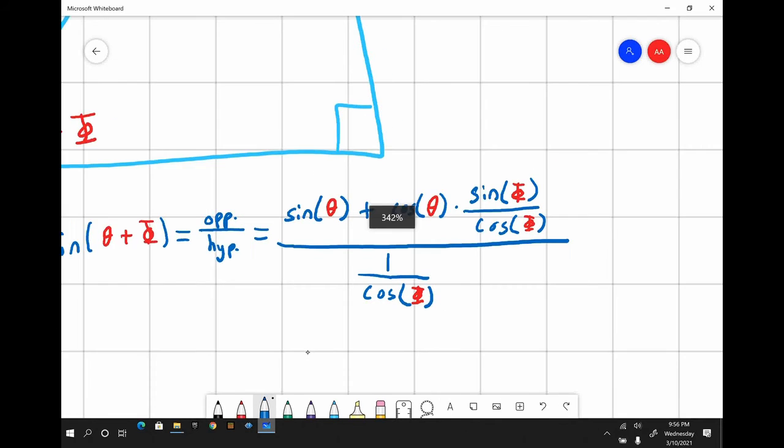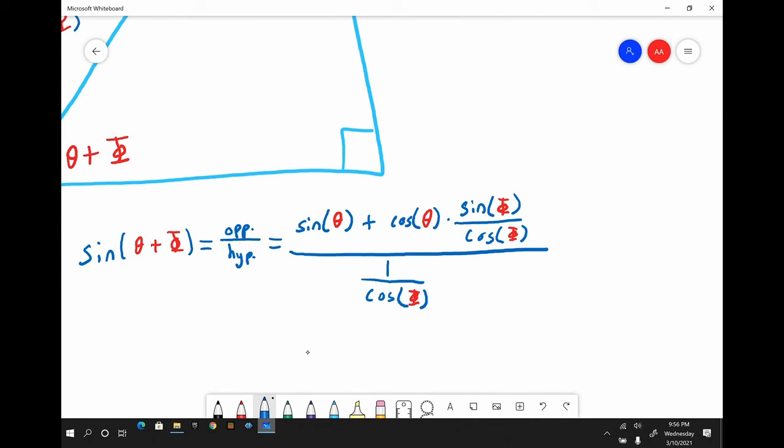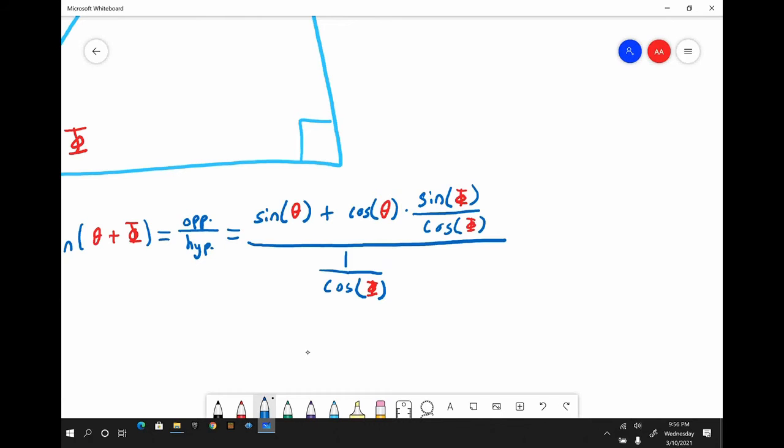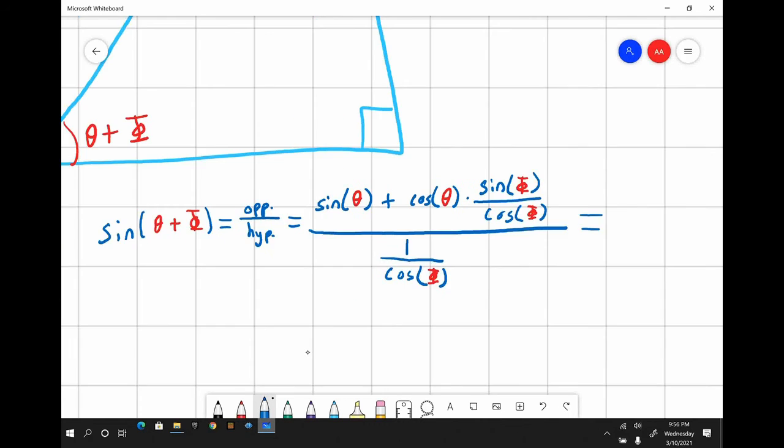Now to simplify this, what we need to do is multiply by the reciprocal in our denominator.